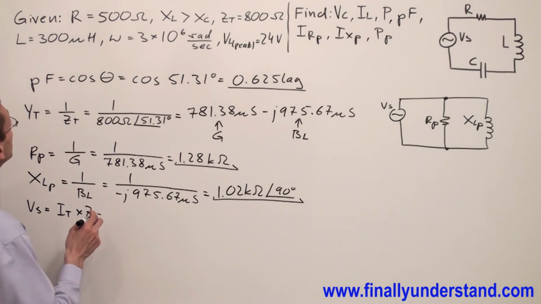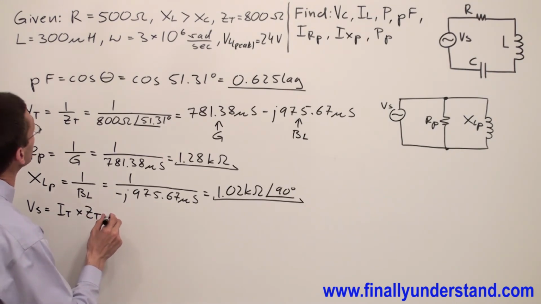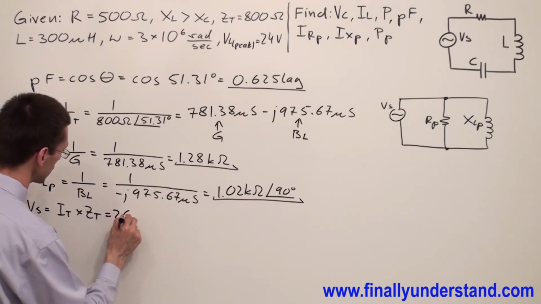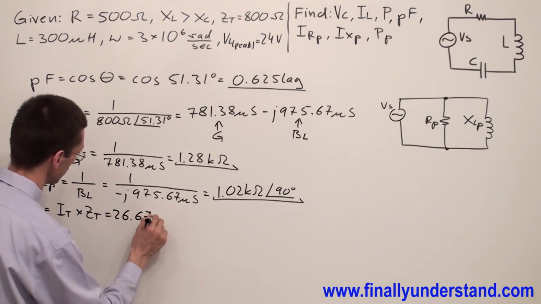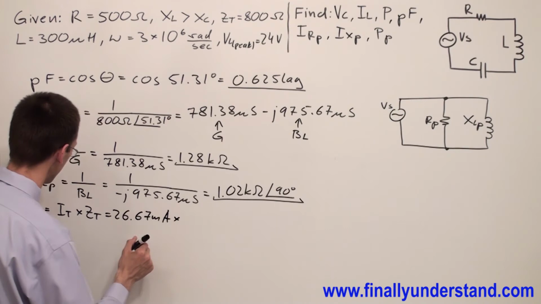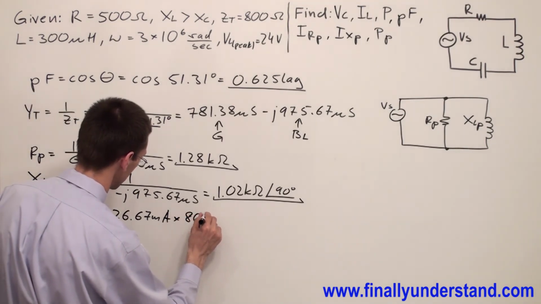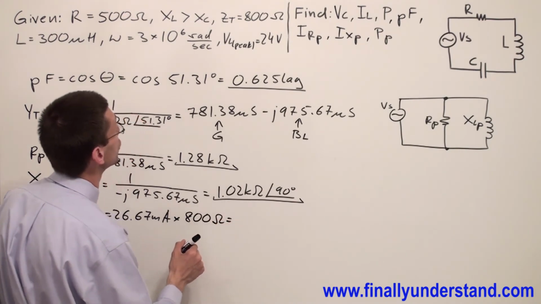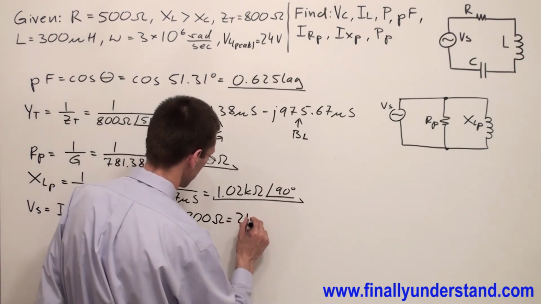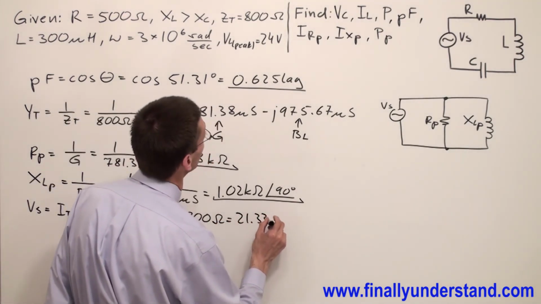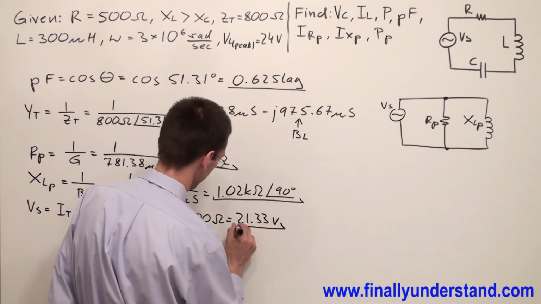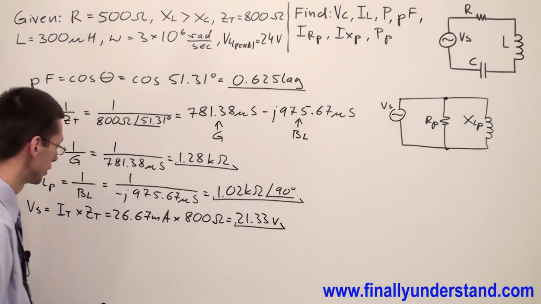So I total we found is equal 26.67 milliamps times Z total 800 ohms. So voltage source is equal 21.33 volts. Okay, so this is the voltage source.